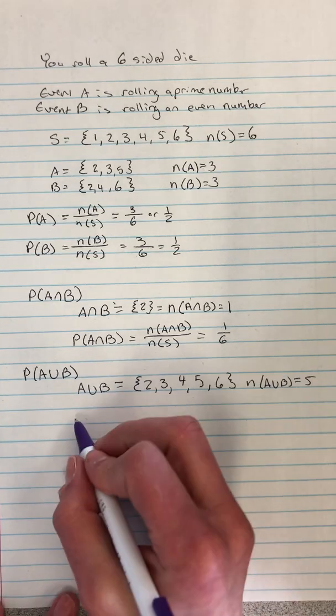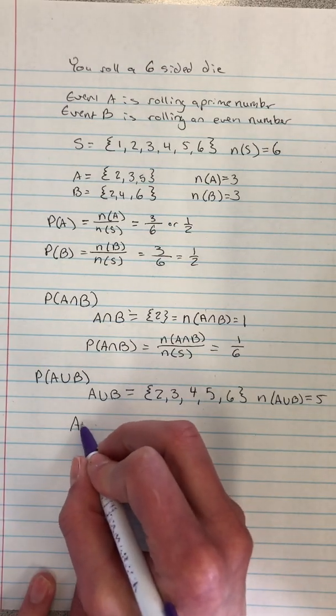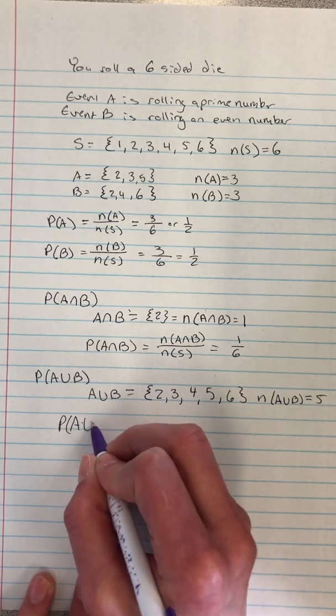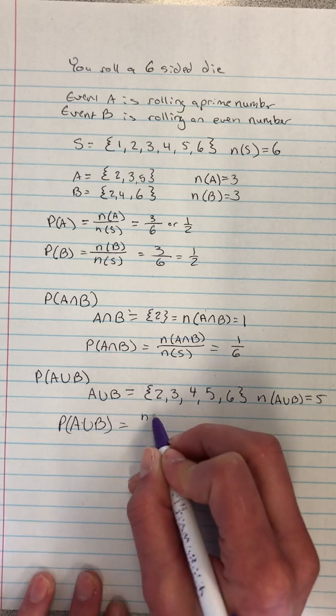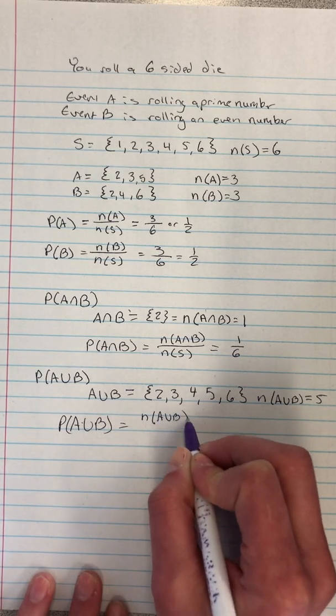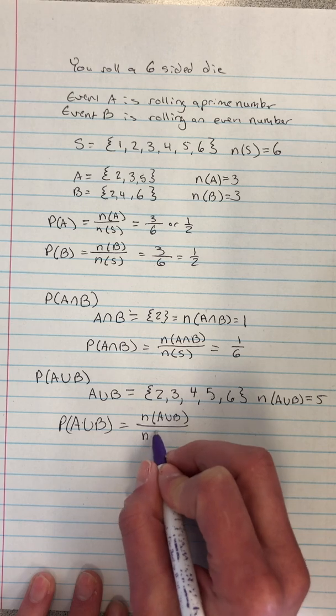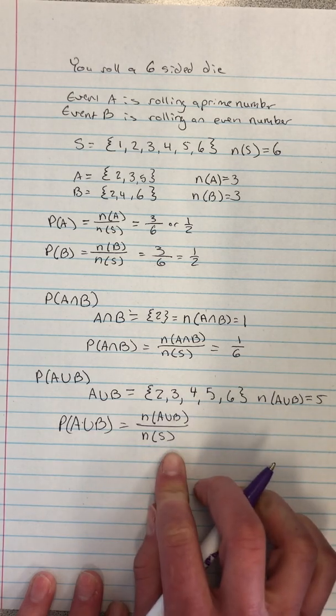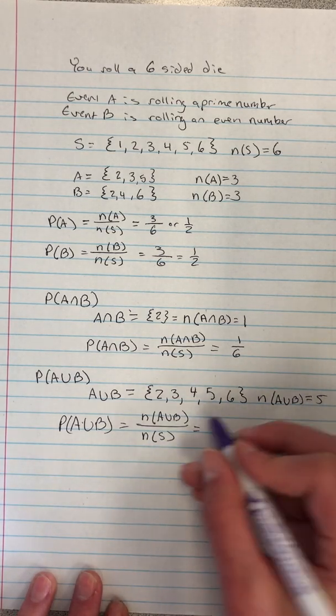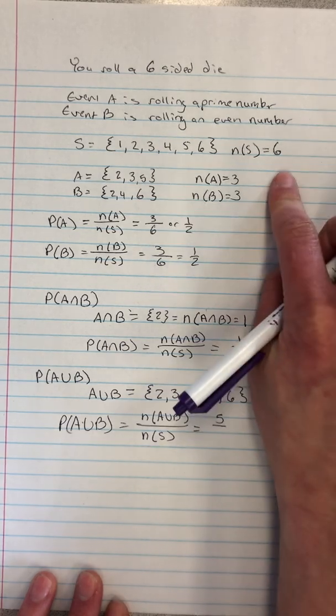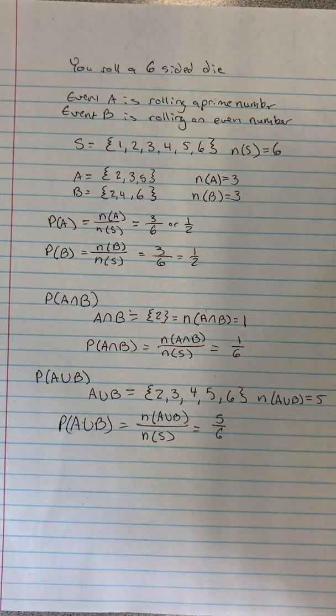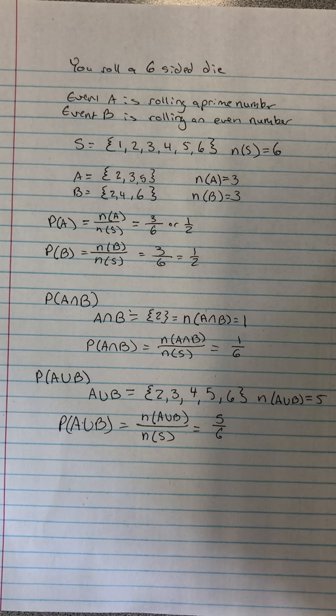So the probability of A union B is equal to the number of outcomes for A union B over the total number of outcomes for our sample, or 5 over 6. That is our probability.